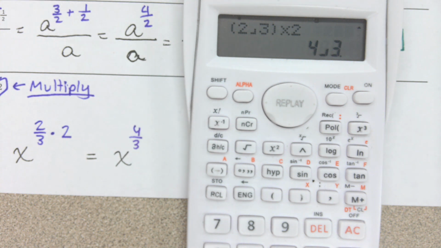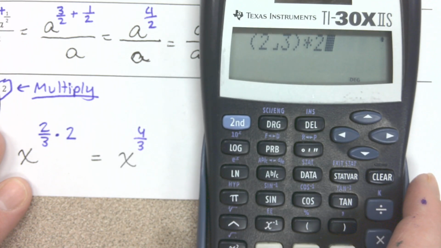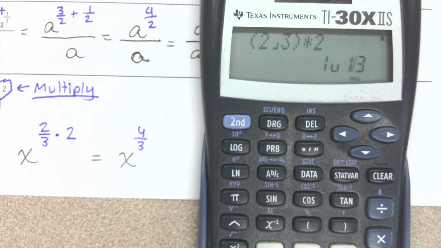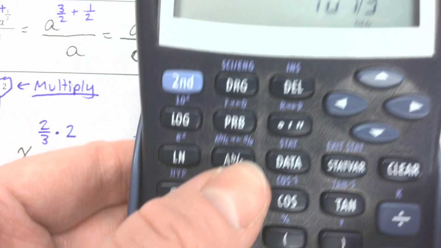I will demonstrate this on the pink calculator. Let me type this stuff in real quick. Or I guess I got a blue one this time. So the other calculator looks the same, but a little different. The button, again, you'll need what's above the ABC. It looks a tad different.